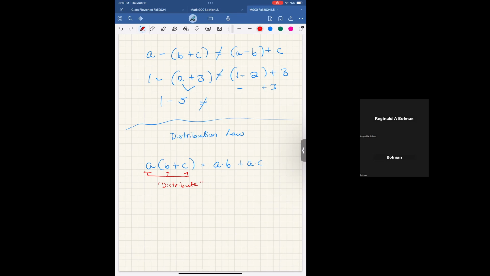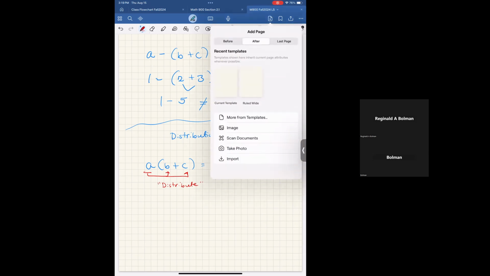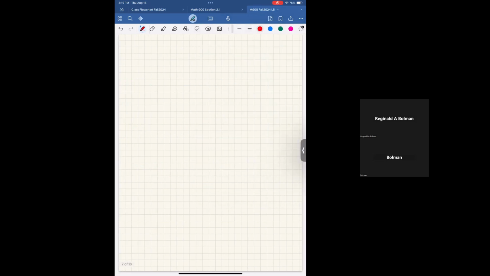Now, why is that the case? Why does the distribution law work like this? And the answer to that question is, again, just pick three numbers, A, B, and C, and try to figure out how the numbers behave. So suppose my A is 1, my B is 2, my C is 3.